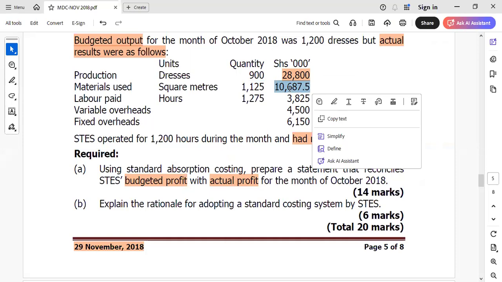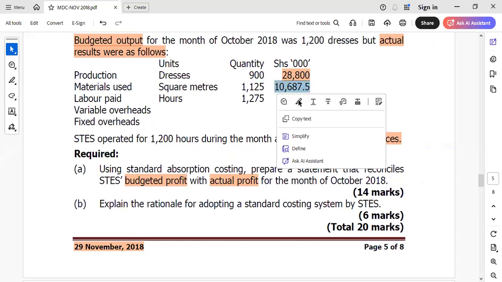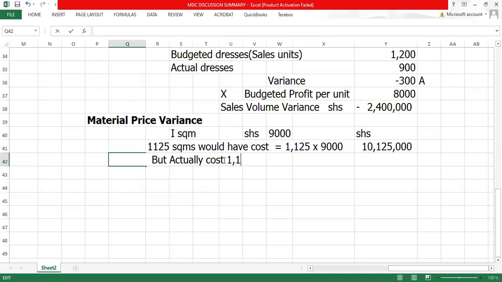So if you don't have this overall amount, what do you do? You get the 1,000 here. It would be like 1,125 times the actual material cost per square meter.